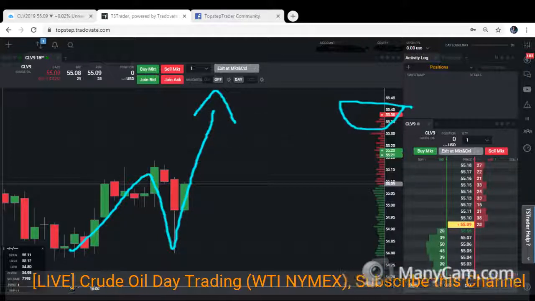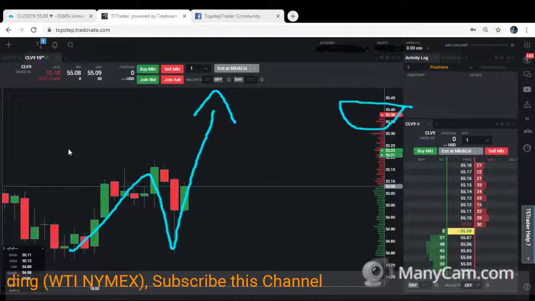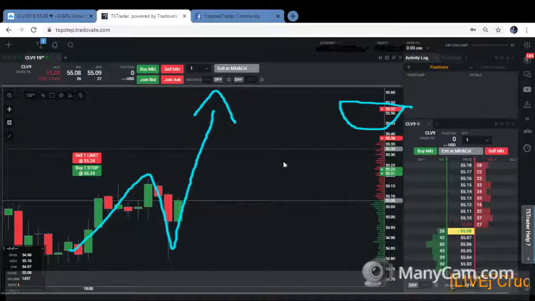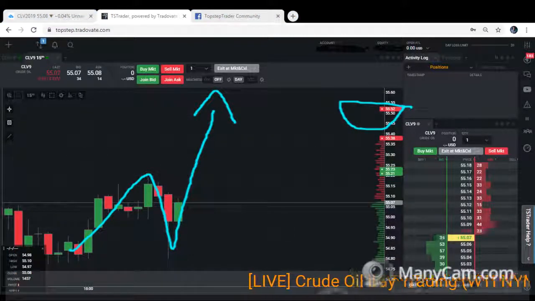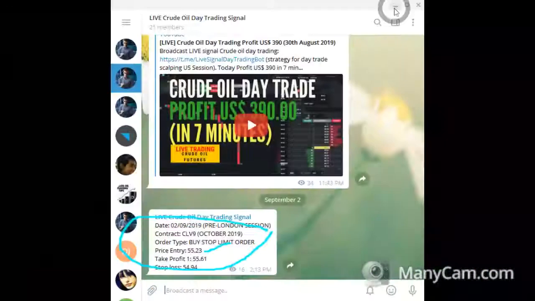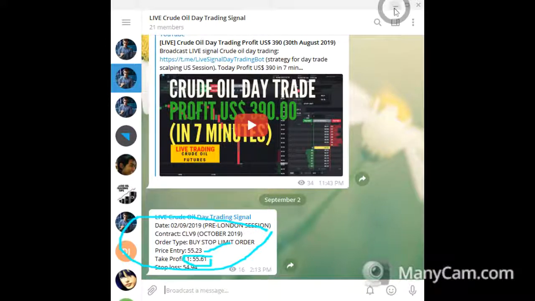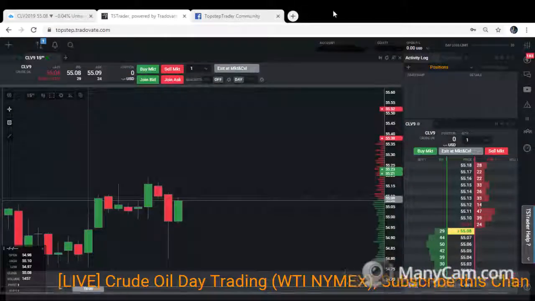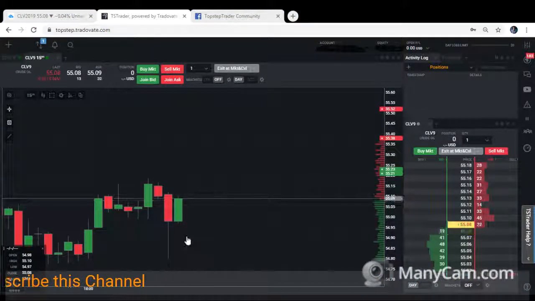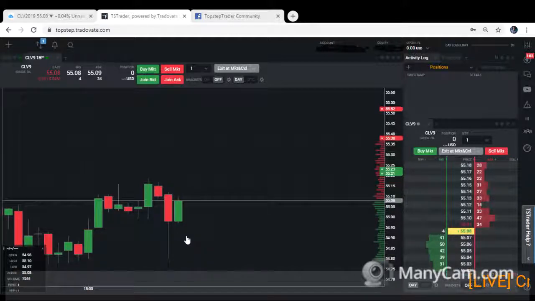This is the first TP, and the second TP is somewhere at 55.61 based on my live signal. So I will also exit at 55.61. Let's wait, it's going to take a few more minutes. Maybe in 30 minutes we can see the order filled.